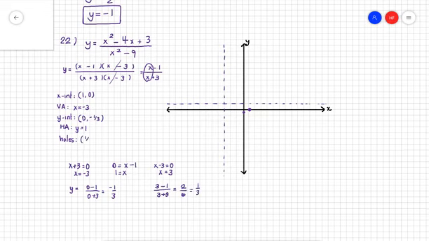So we have a hole at 3, 1/3. And then our graph will approach the asymptote, go through its intercepts, and then reflect on the other side.